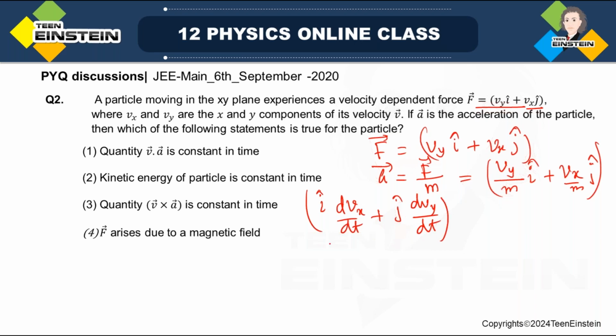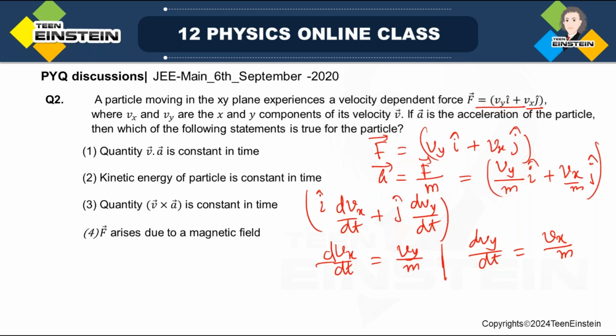So can I write from here that dvx dt is equal to vy by m. Similarly, I can write dvy dt is equal to vx by m.